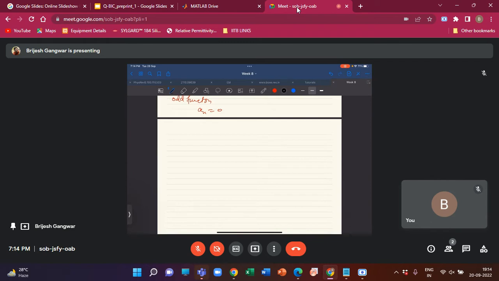So whichever is left is b_n. Okay, so b_n we can define as 2 by T, integral 0 to T, f1(t), sorry, not x, you can say t or x, whichever the function you consider, sine n pi t upon capital T dt, where n equal to 1, 2, 3.